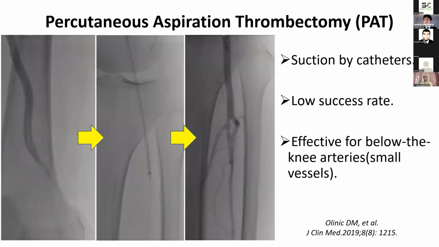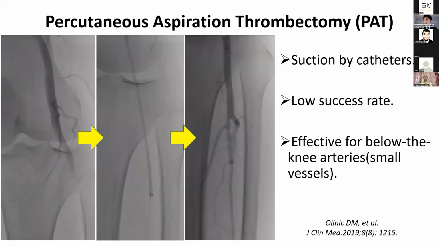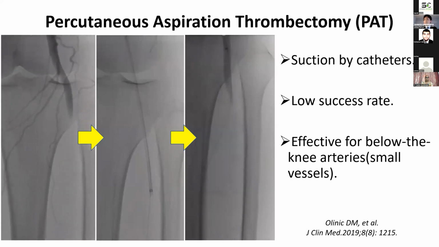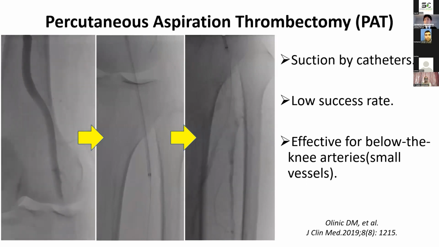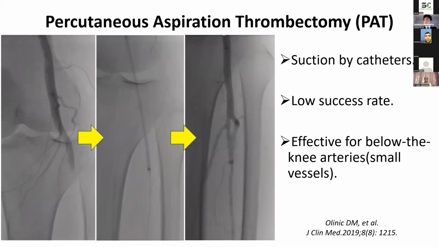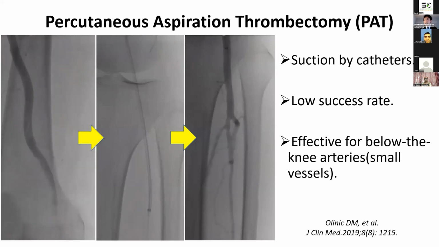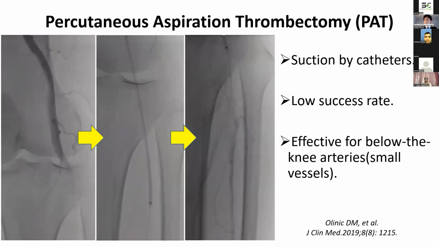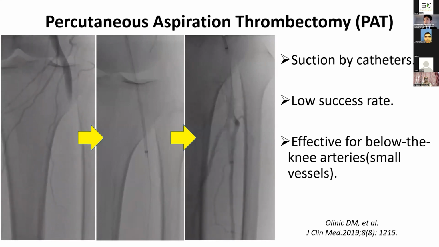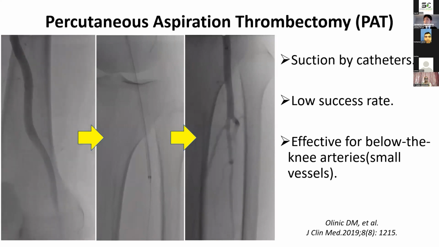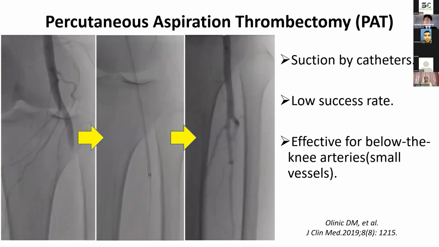Of course, the catheter can aspirate only material smaller than its size, so recanalization by PAT alone is not frequently successful. PAT is recommended for small vessels, such as below the knee arteries, like this image. Thrombus in BTK arteries is often small, so PAT can be effective.